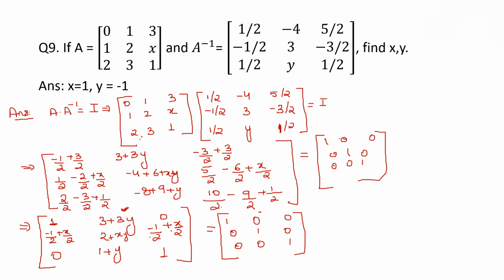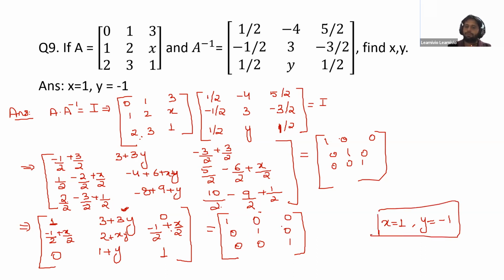Okay. So how can we check? You can do like this. So here you can write x is equal to 1. Okay, and y is equal to -1. Let this be equation 2.